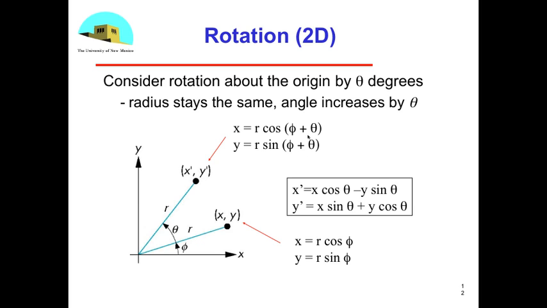If you use that in here, you'll recognize that r cosine phi is the original x, r sine phi is the original y. Substitute that back in, and you get these two equations for x prime and y prime. So the new x is the old x times the cosine of the angle minus y times the sine of the angle, likewise for y prime. So it's a very simple 2-dimensional rotation.